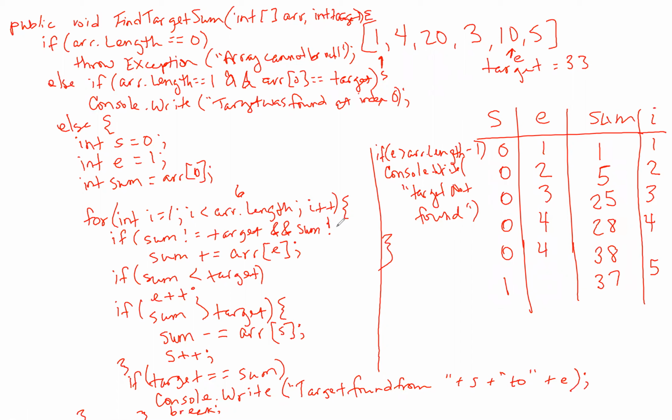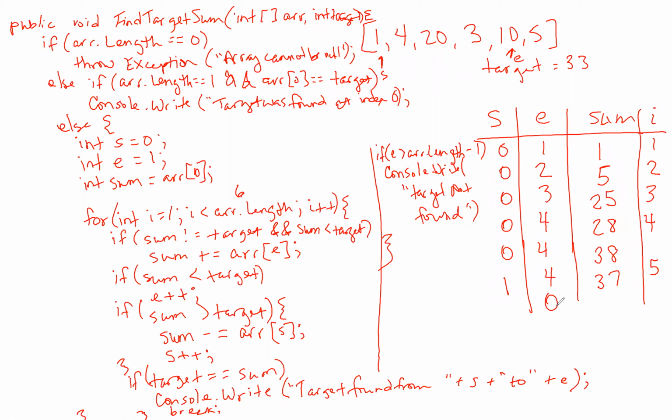Oh, that's not really what we would do. We would say sum is less than the target. Okay, then sum plus equals array at E, but we don't want to add to it. Because E is at 4, we don't want to add the 10 again. So if sum is less than target, E++, we're not doing that. So E stays the same.